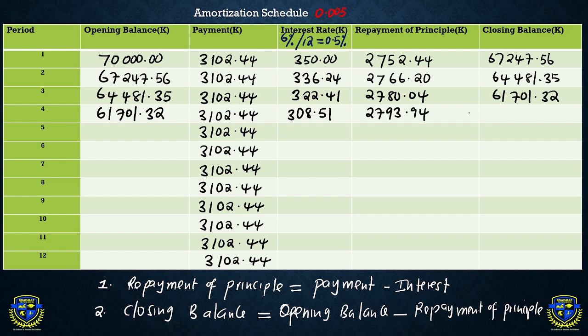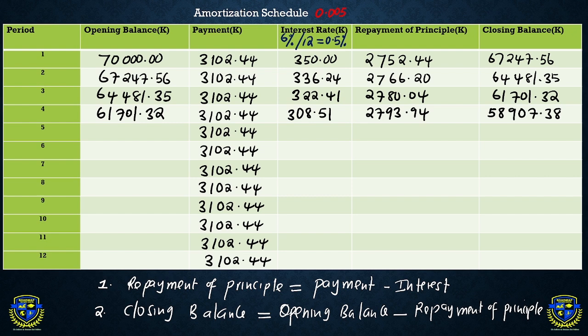Then the closing balance, of course, which is going to be 61,701.32 minus 2,793.94. We're going to have a 58,907.38.